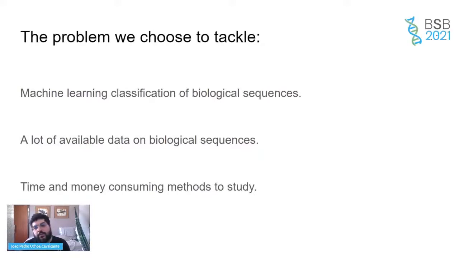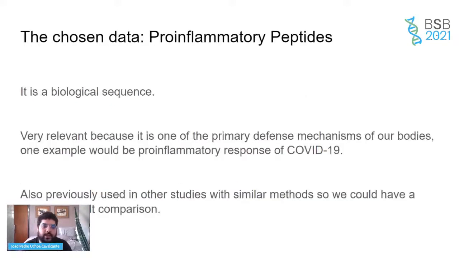There is a lot of biological sequence data available out there from research teams all over the world, so it's very important for us to harness this potential, even though we didn't do a lot of research on it before. That's the data that we want to tackle, data that has not already been researched, because it takes time and money to study it. In practice, we want to harness the data that's out there.